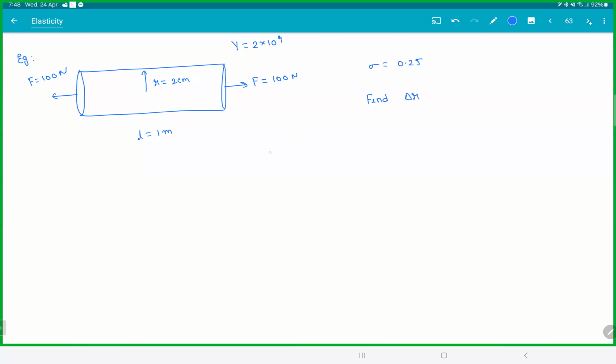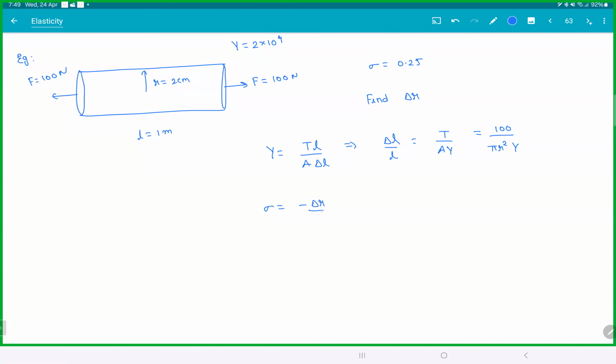The straightforward formula. We know Young's modulus is equal to tension times length by A delta L. So from here we get delta L by L is tension by AY. Tension is nothing but 100 newtons. Area is pi r square, and Young's modulus. And what is sigma?